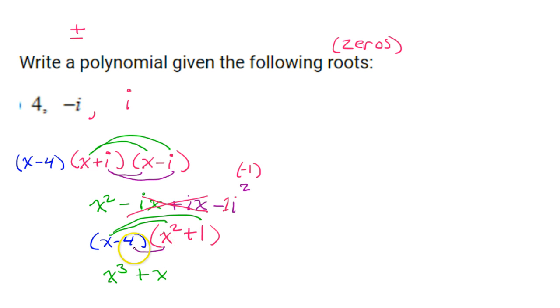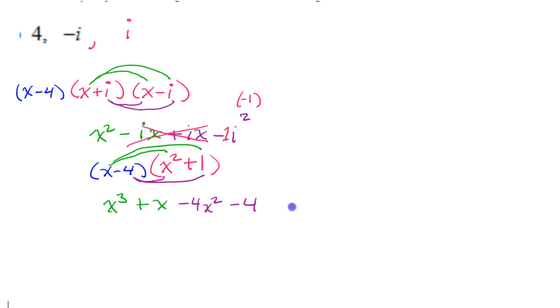Now I will distribute the negative 4. Negative 4 times x squared is negative 4x squared. Negative 4 times 1 is negative 4. I don't see any like terms, so this is basically the answer.